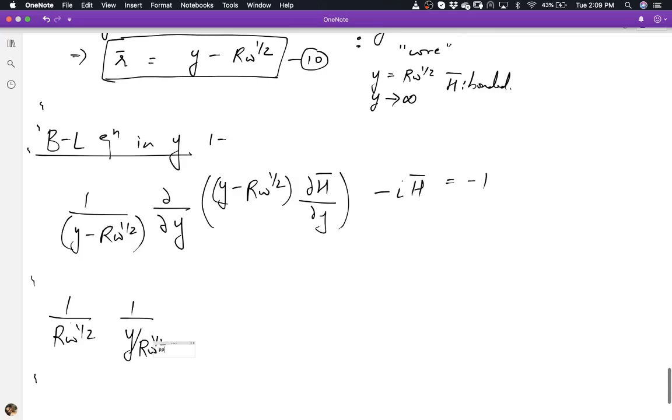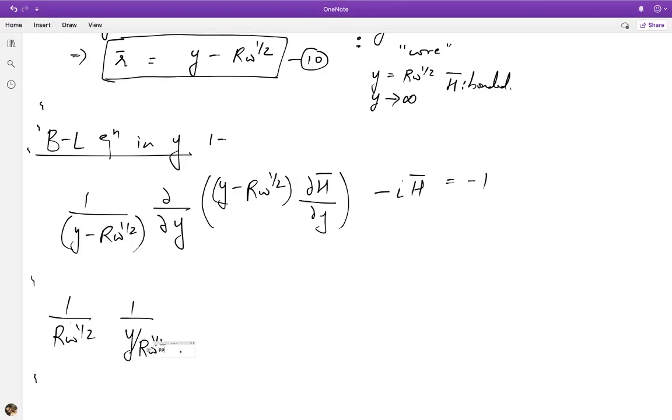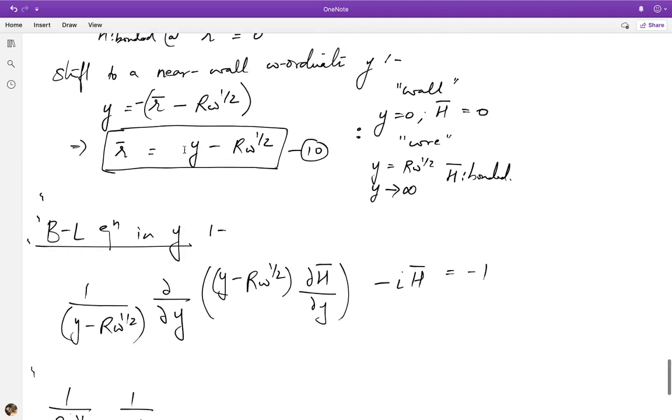Yes, just a second. Oh yes, I made a mistake in the sign. I knew something was wrong here. Right, so this is actually, yes. So if you see now, I wanted y going to plus infinity to correspond to the core, right? So what I need here, this is minus r bar, which basically means I get minus y plus Rw to the half.